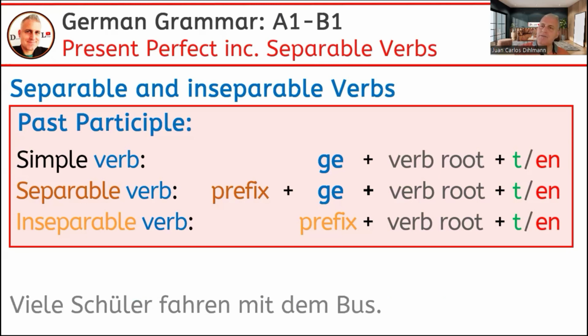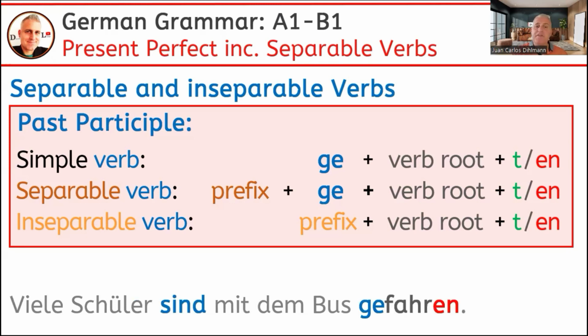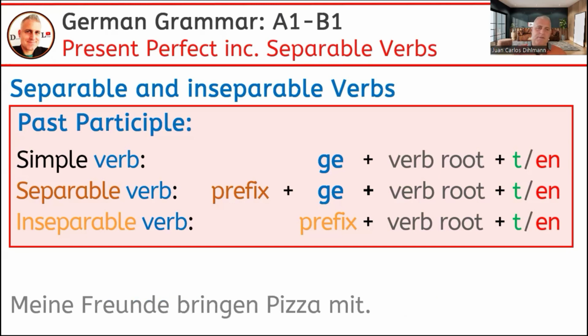Viele Schüler fahren mit dem Bus. In present perfect, it's viele Schüler sind mit dem Bus gefahren. So it's a verb of motion, but it's a simple verb. Last example. Meine Freunde bringen Pizza mit.